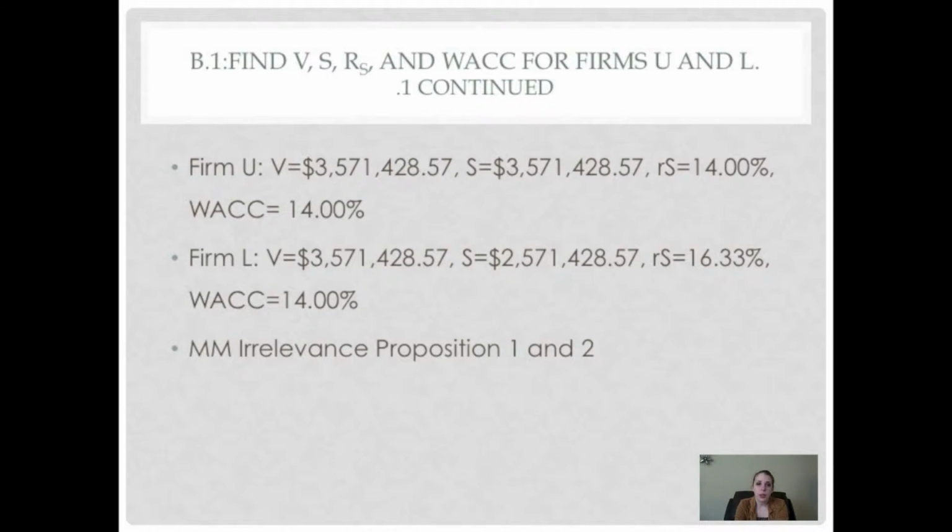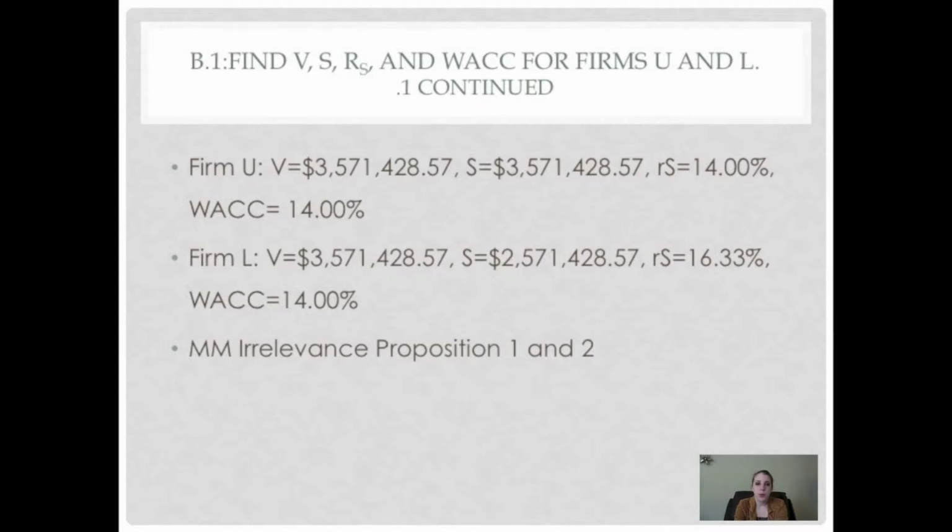And the equity for firm U would be the same as its value, since firm U does not take on any debt, and then their cost of equity is 14%, and their overall cost of capital is 14% as well.